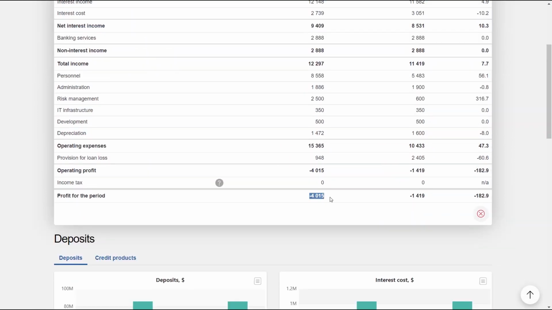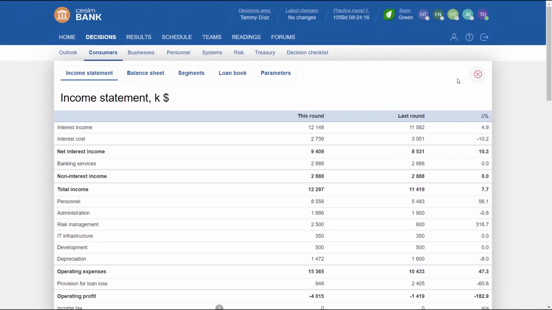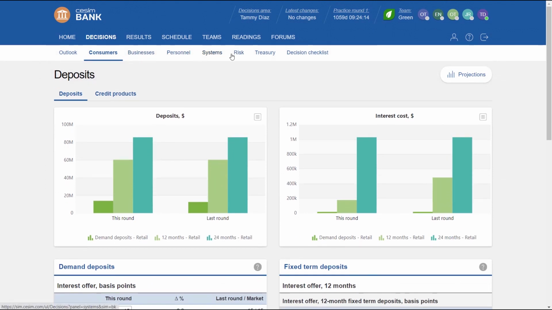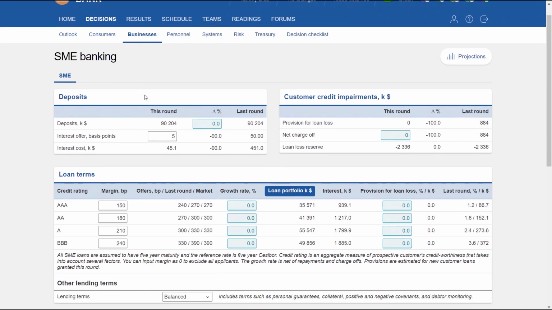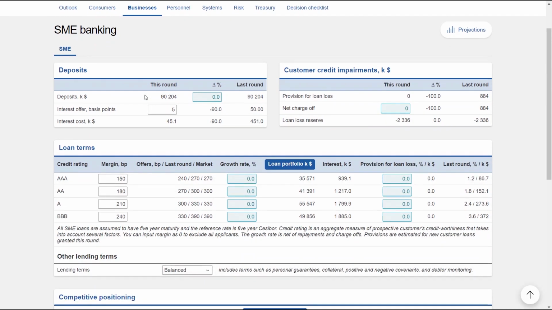So my loss decreased by about 500,000. So this is the idea with the projections. Every time that you do something here, you can check what is the impact on the bank's P&L and other reports.